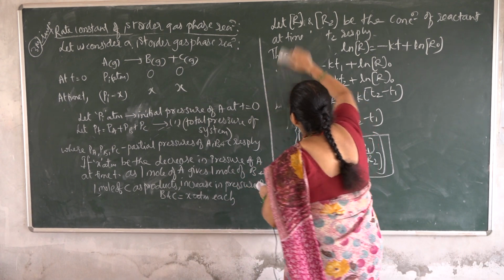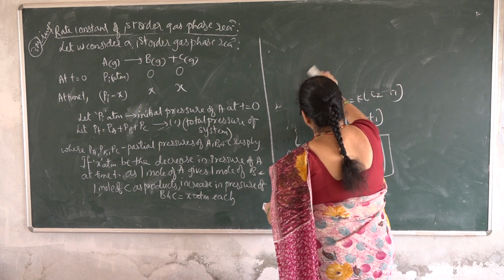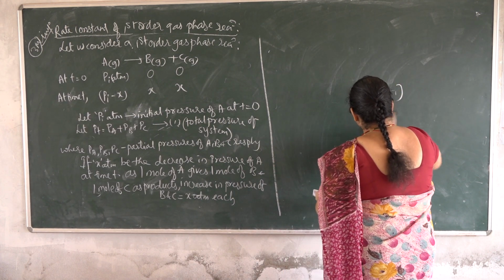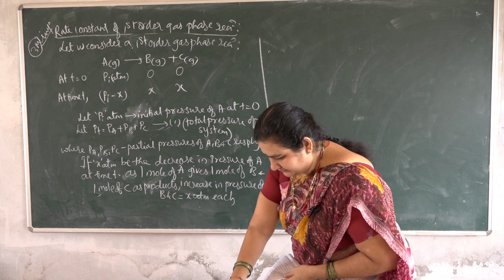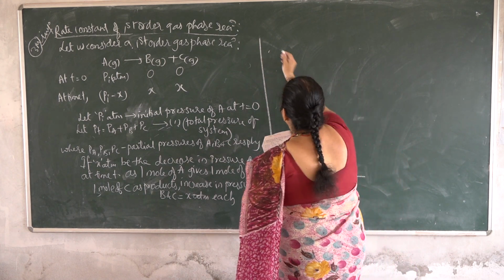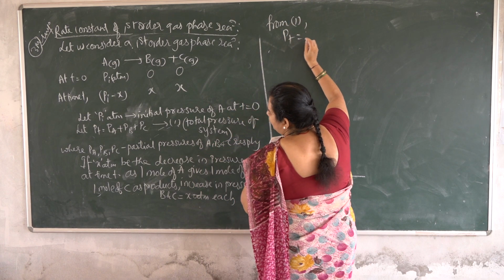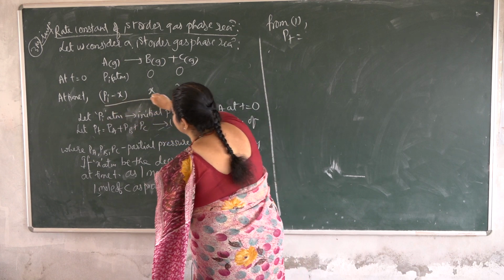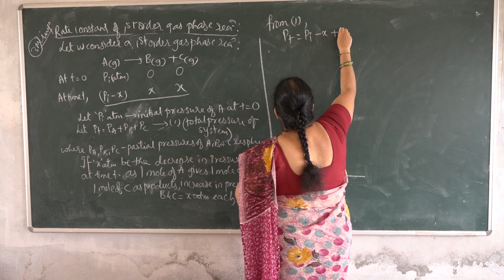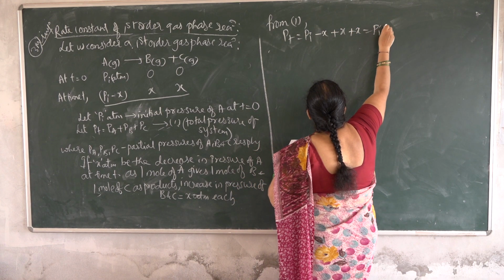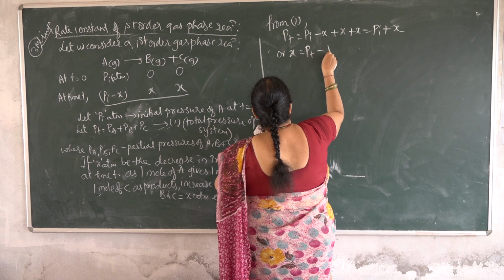Okay. Now next one. Further steps. From equation 1, P total is equal to, so write the pressures at time t. PA is Pi minus X, PB is X, PC is X. So P total is Pi plus X, or X is equal to P total minus Pi.